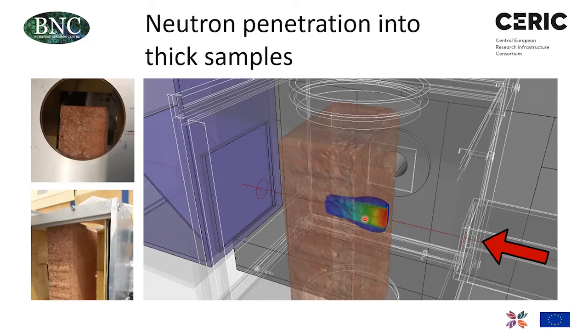Once we set up the sample geometry and the detector geometry is already ready, then we can start such a simulation, and we can have a neutron intensity profile like this. At the front side of the sample, you have higher neutron intensity, while as you go deeper and deeper, the neutron intensity will be less.